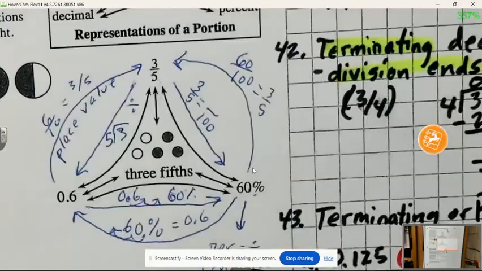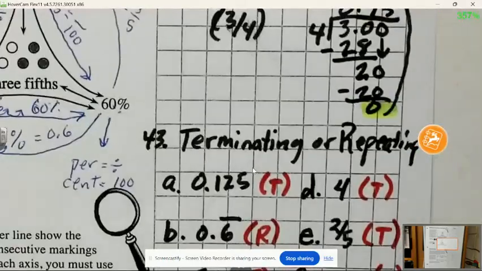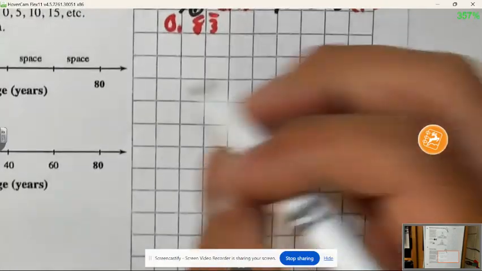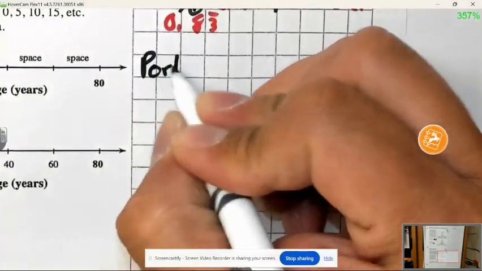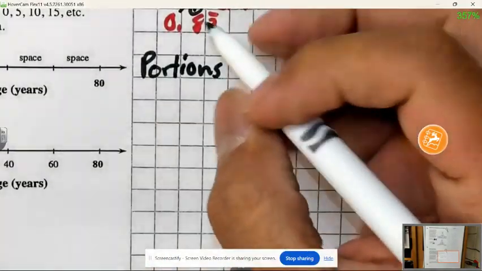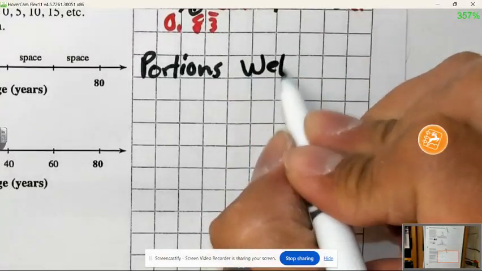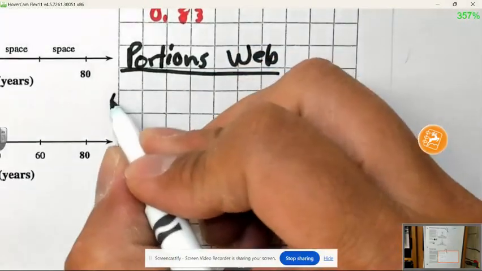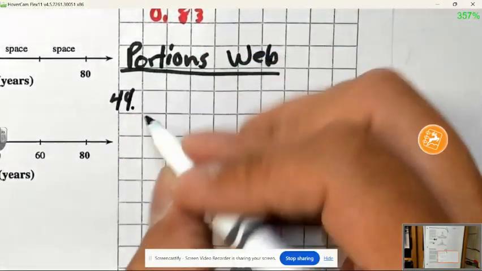So let's talk about the next section here, which is portions web. And here's how we'll be drawing them. This is number 44.